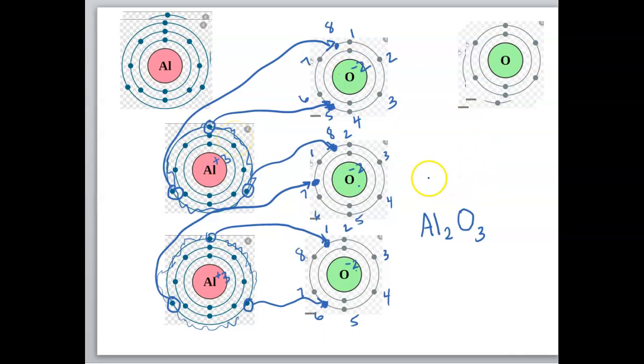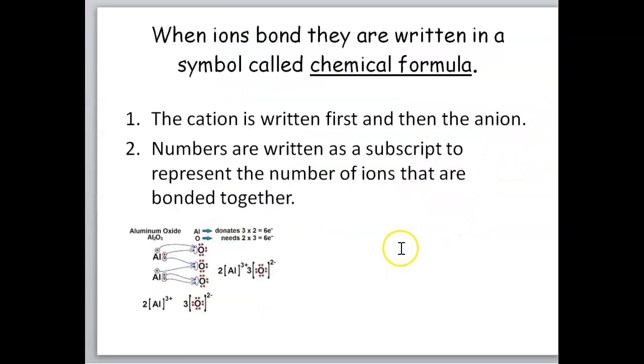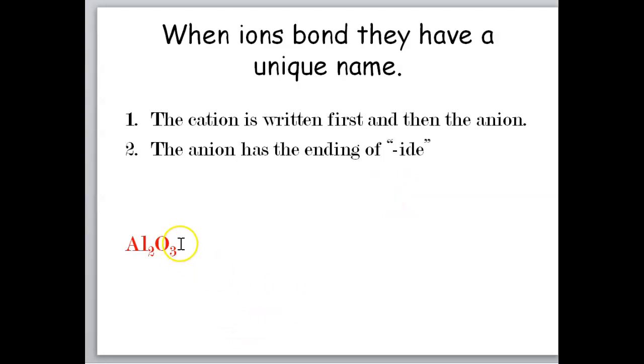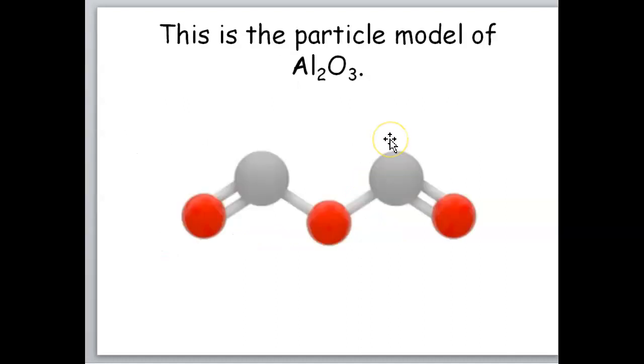So that is the chemical formula for aluminum with oxygen. How would we actually call this? So the name that we would give that is we would call it aluminum oxide. Remember, it ends with an IDE. And if you were to draw a particle model of that, it would look like this.